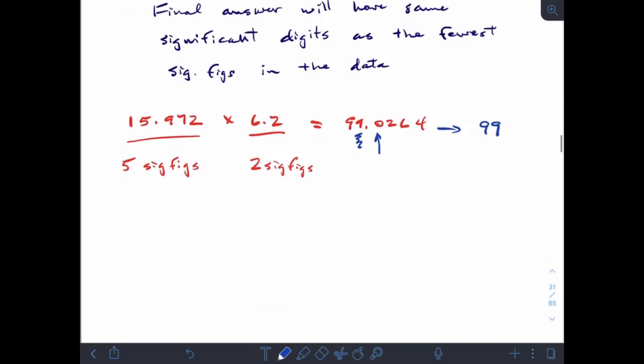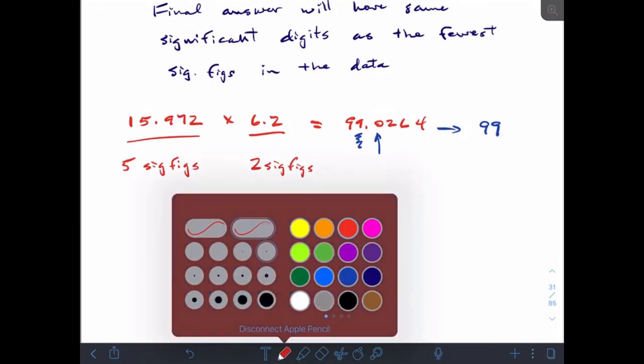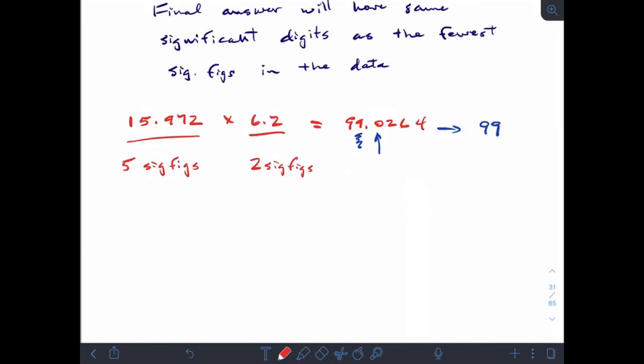All right, let's look at another example. Let's say I have 4.5 times 10 to the 3 divided by 6.644 times 10 to the 6.